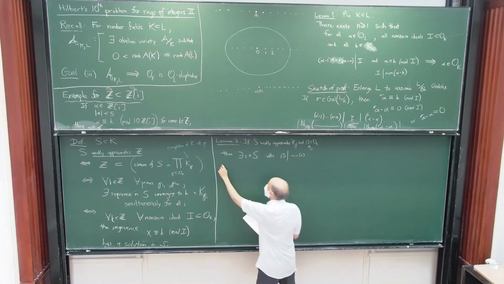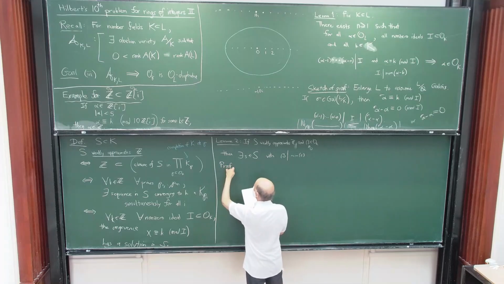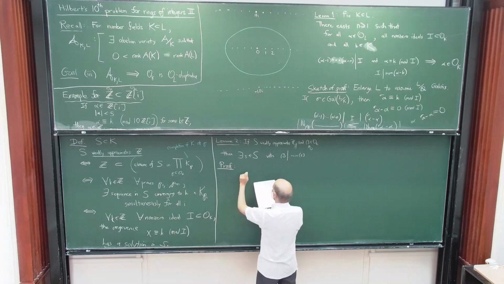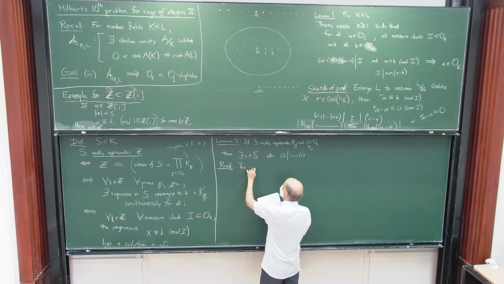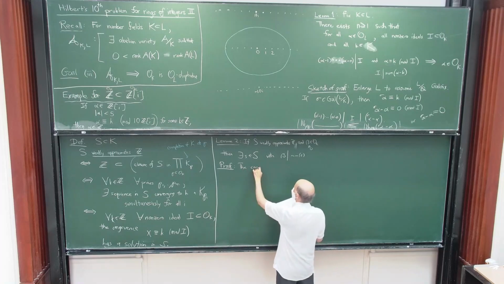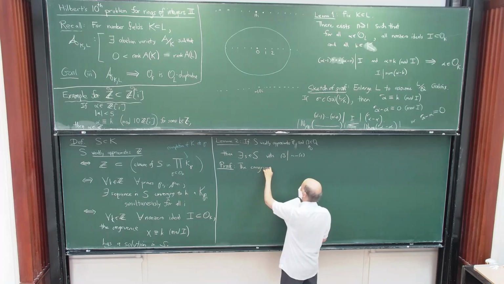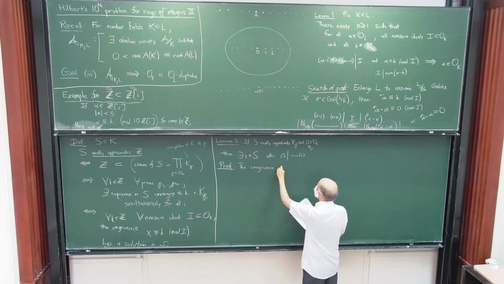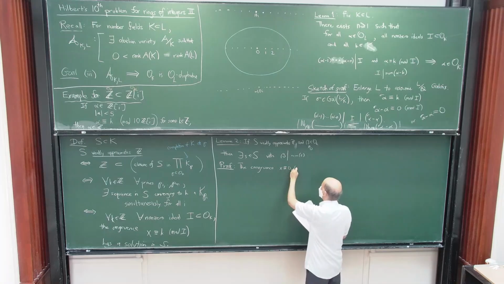Okay, and the proof of this is one line. According to this last version of the definition, I'm going to look at the congruence. It says that x is congruent to 0 mod beta.